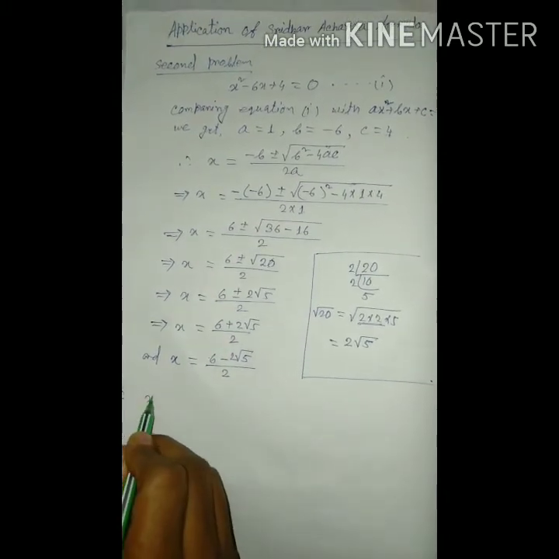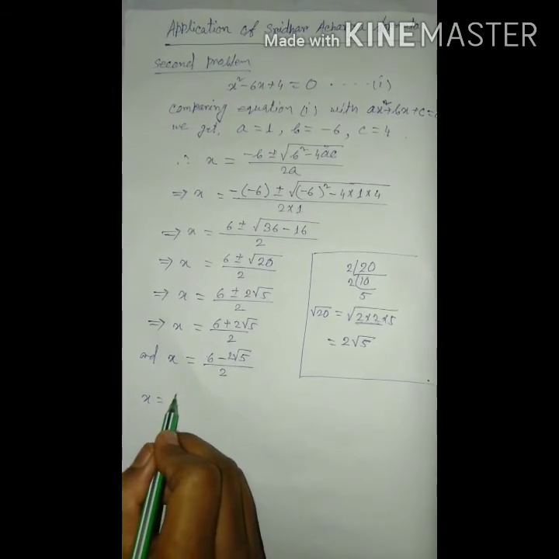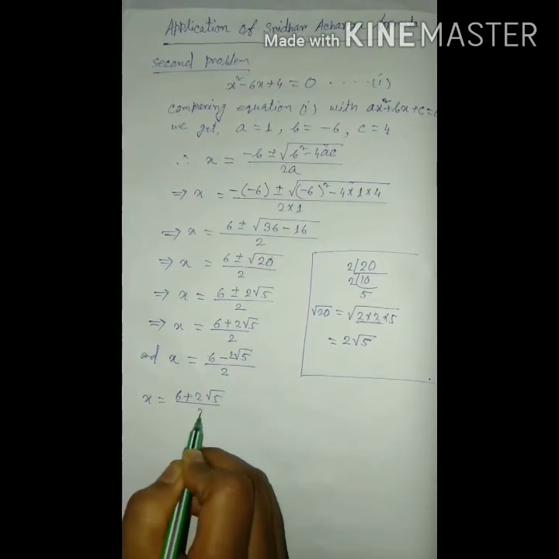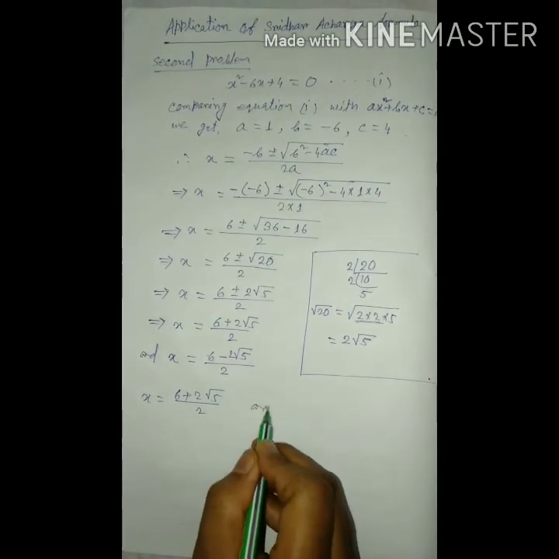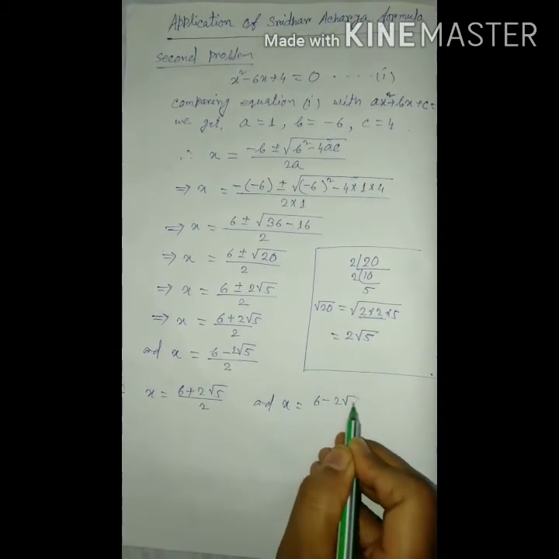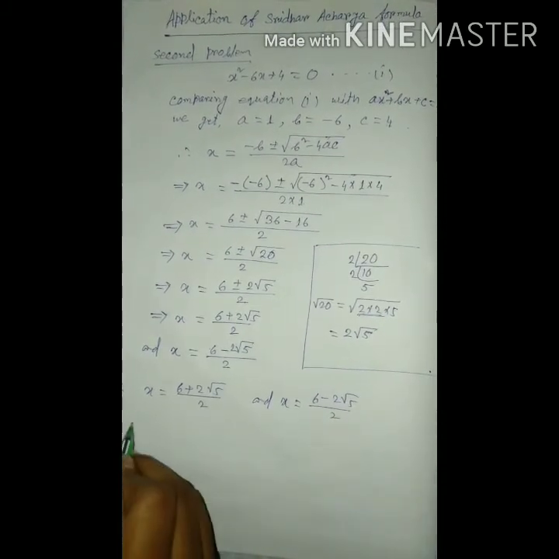Therefore, x is equal to 6 plus 2 root 5 by 2, and x is equal to 6 minus 2 root 5 by 2.